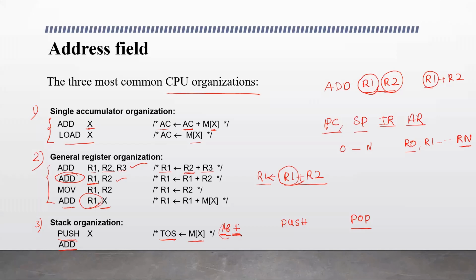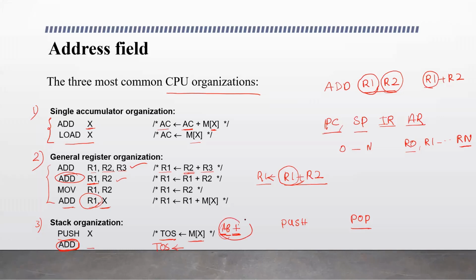So when you give the instruction add with no variables in stack organization computers, that means remove the top two elements of the stack, perform addition on those two elements and push back the result into the top of the stack.